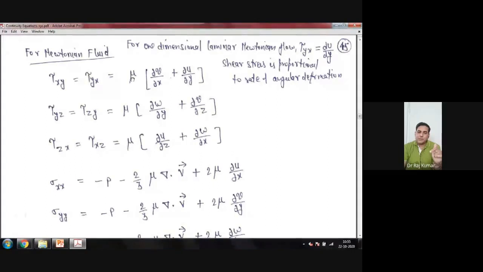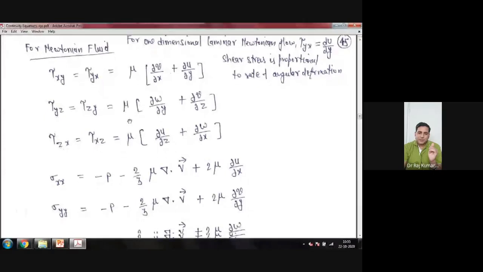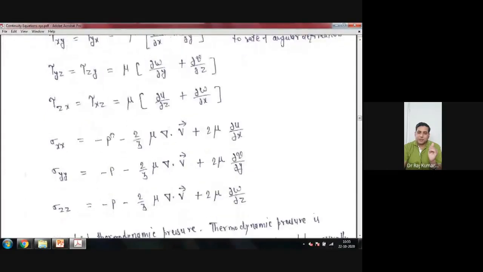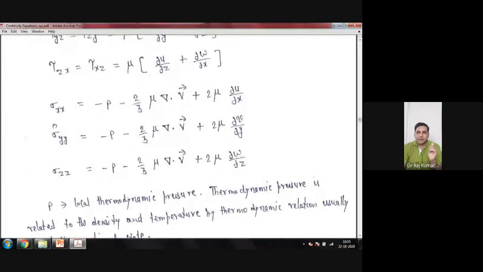Same thing for the yz plane, same thing for the zx plane. Now I gave you this one. So this is the normal stress, which needs to be calculated from here, the thermodynamic pressure.